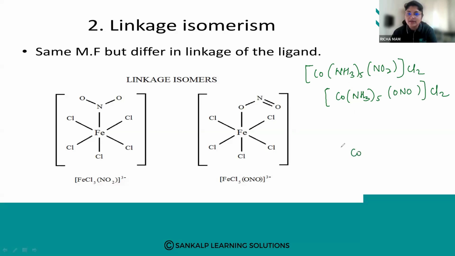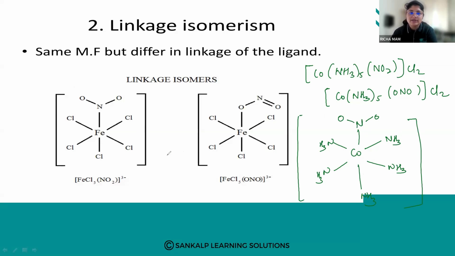Cobalt is there, and the NH3s. Here the ligand is linked through the nitrogen itself, and in the other it is linked through oxygen.